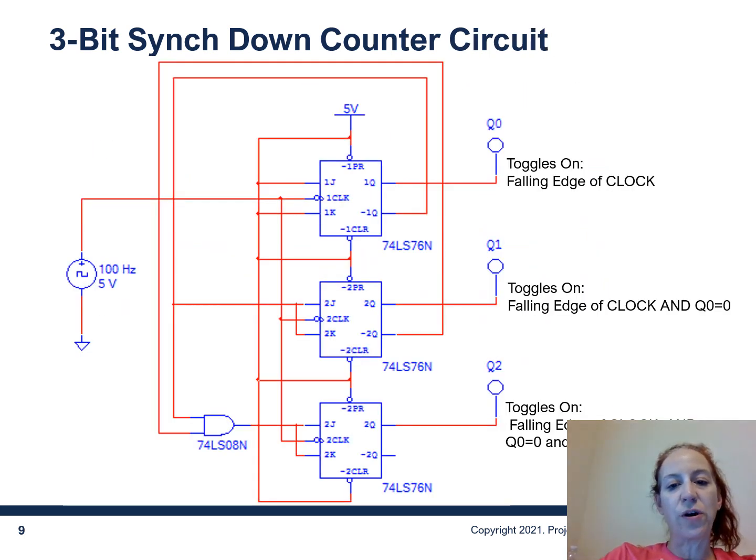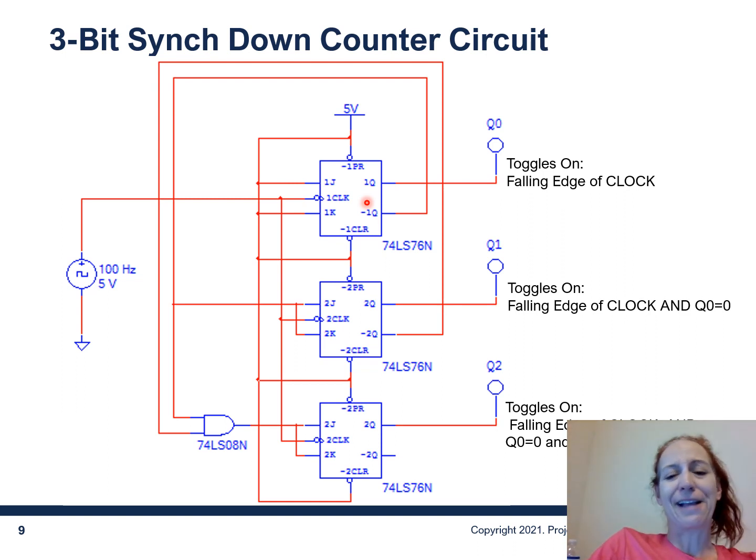So here's your circuit diagram, and for the AND gate now, notice this is tied to Q not, and that is what makes it your down counter. We have covered that before: because we're counting down, if you tie it to the outputs, it won't be in toggle mode at the right time.